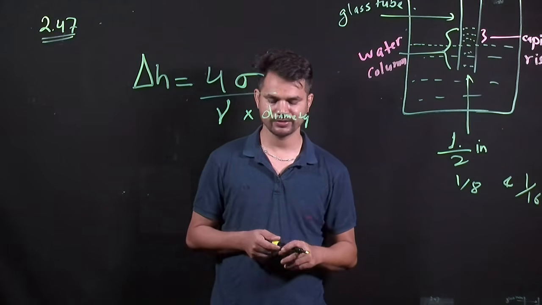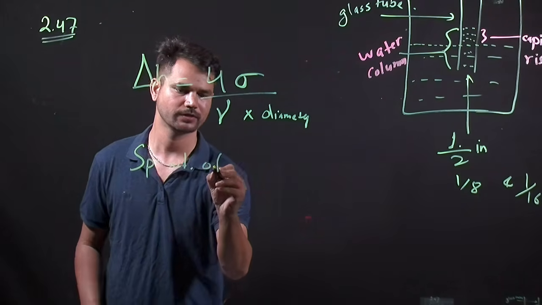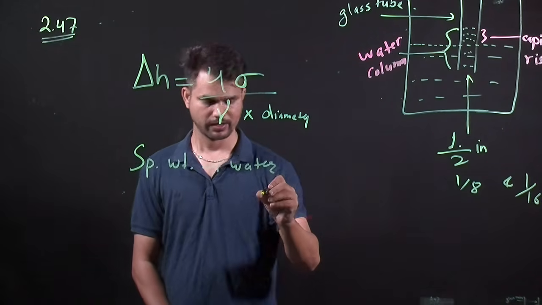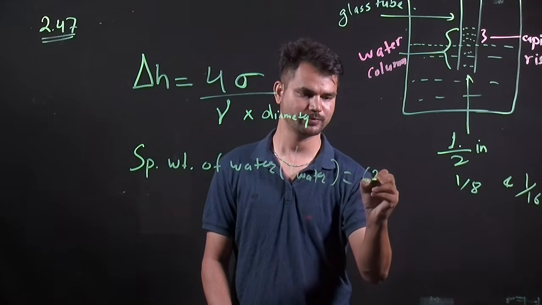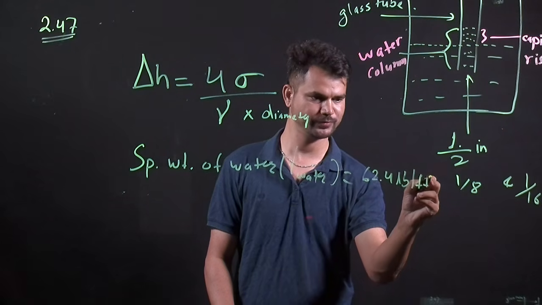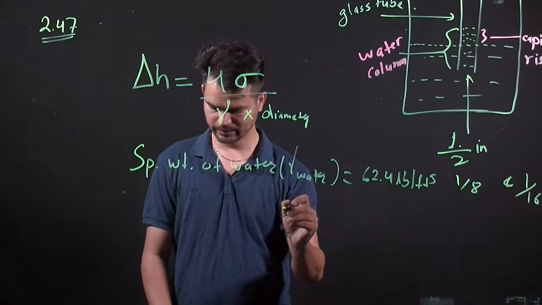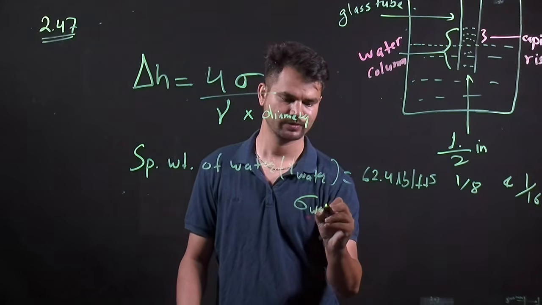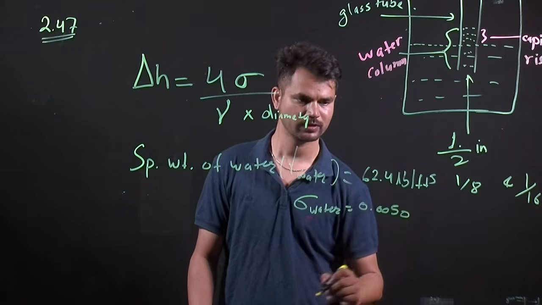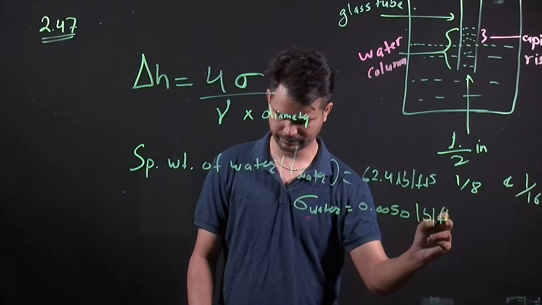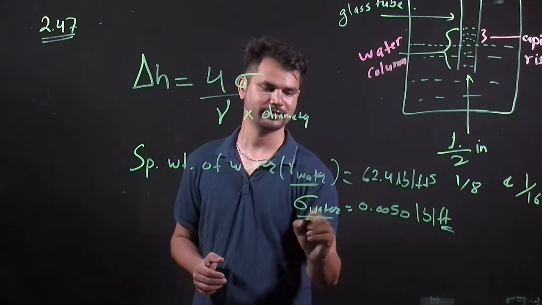At 20 degrees Celsius, the specific weight of water, gamma, will be 62.4 lb per feet cube, and the surface tension of water will be tentatively equal to 0.0050 lb per feet.